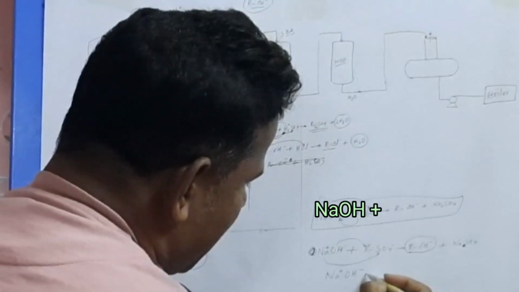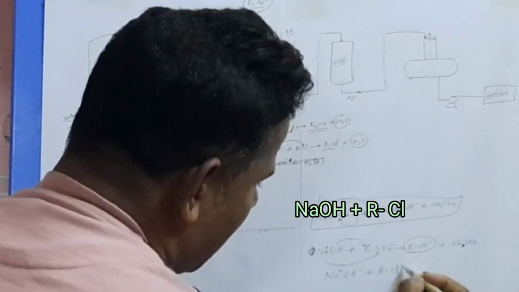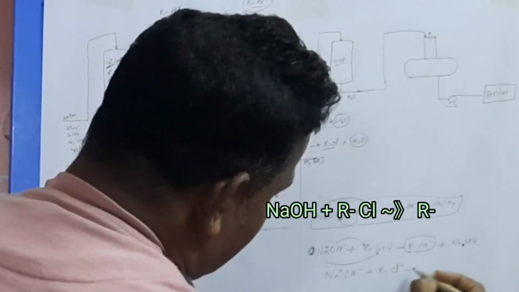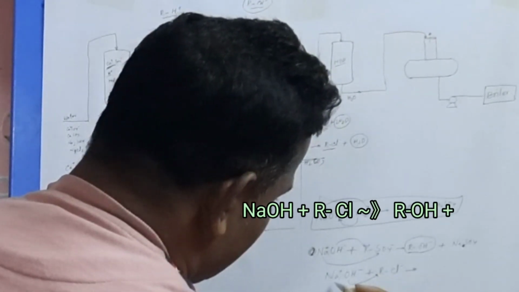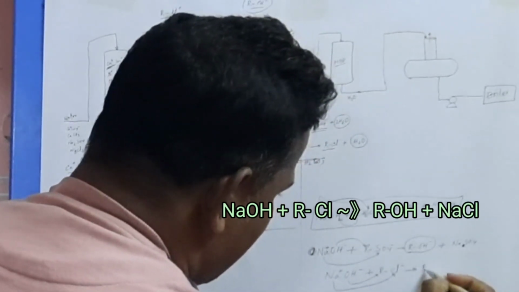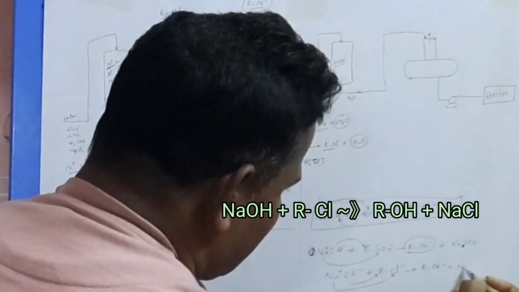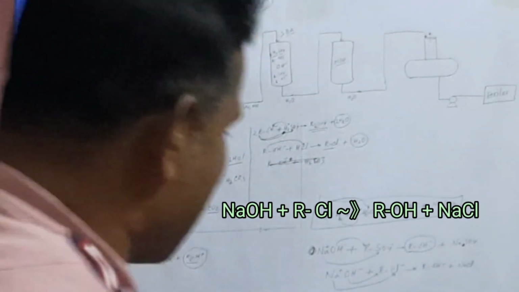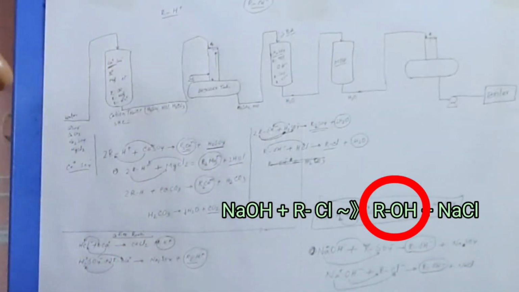Like this, if sodium hydroxide reacts with R chloride, what will happen? It will create ROH plus sodium chloride. That means the ROH resin will be activated again.